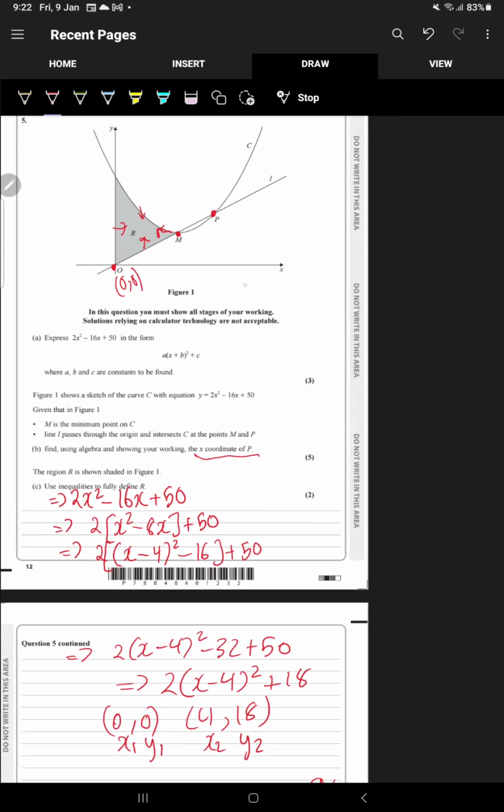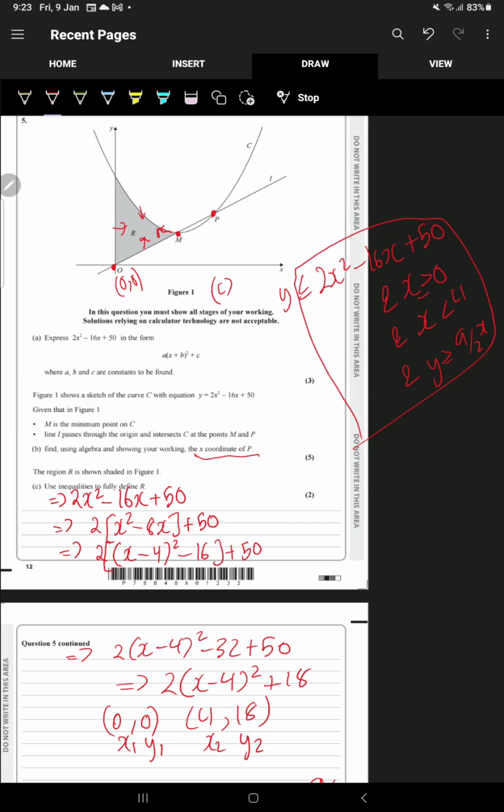Over here for the inequalities, we can say that y is less than 2x squared minus 16x plus 50, and x is greater than 0. We can say that x is less than 4. Another inequality could be that y is greater than 9 over 2 x. So this is going to be the answer for C. You just have to check above and below the line and check the limits.